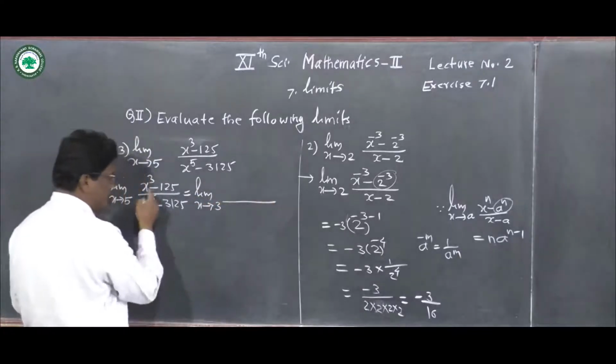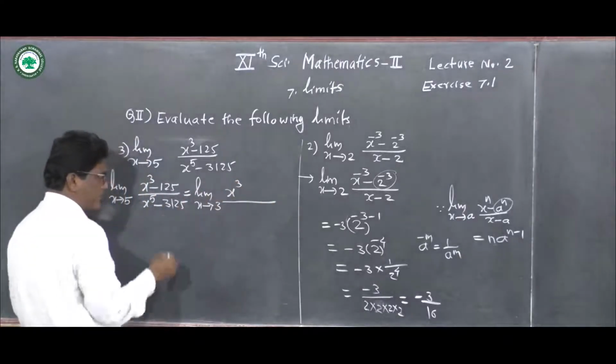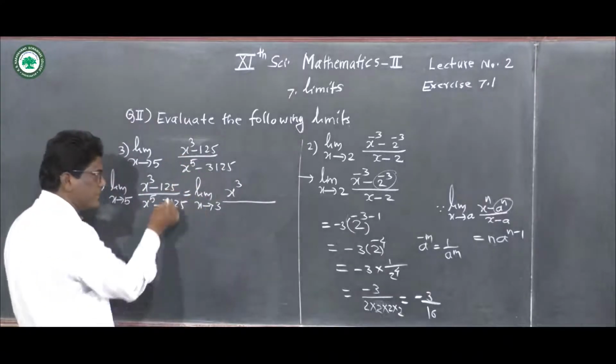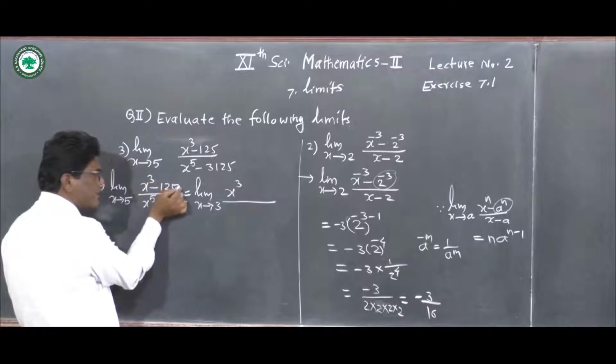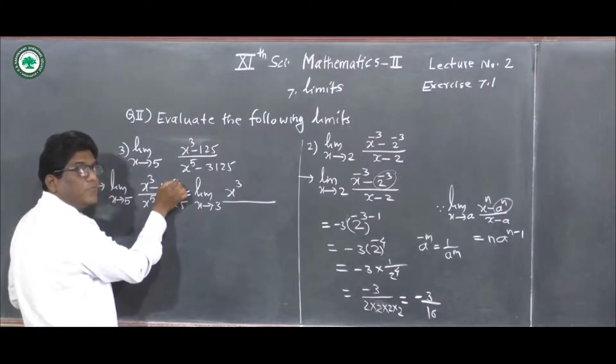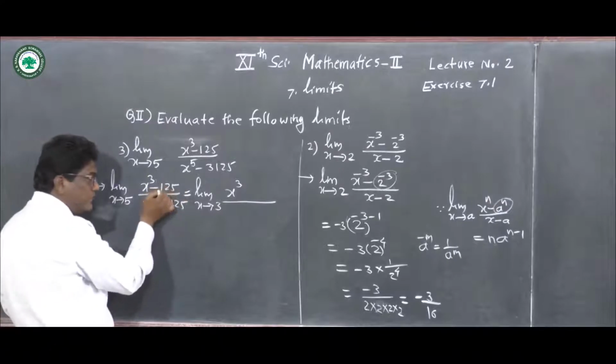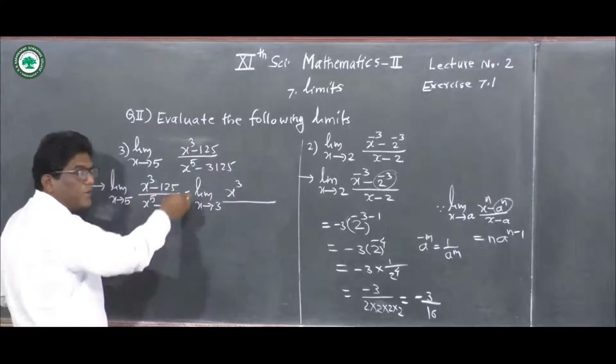In the numerator, x to the power 3 means this 125 is also the third power of something. So this should be the third power of which number? Here x tends to 5, so this 125 is 5 to the power 3.